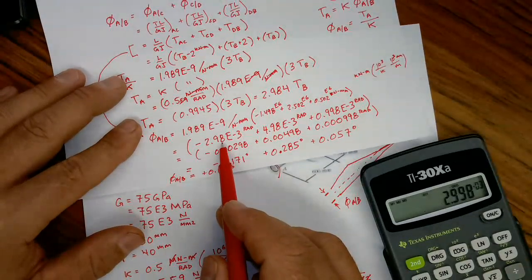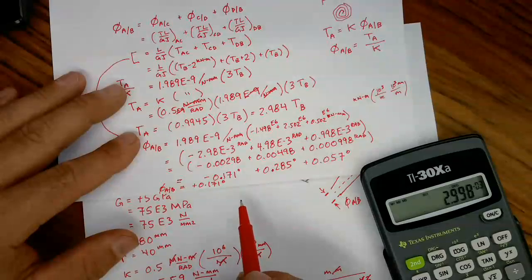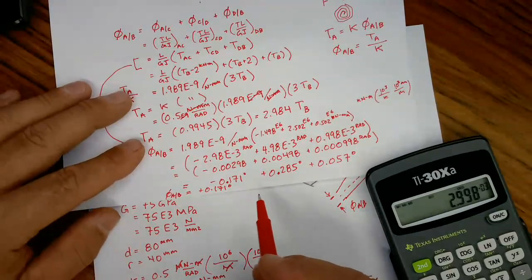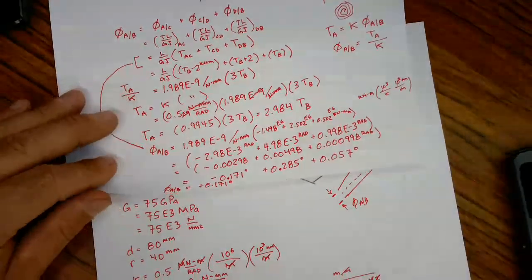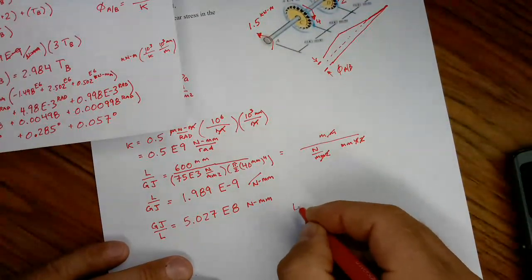So it's slightly different than the value above. It just doesn't show up in the 0.171. That is part two. And part three is pretty easy.